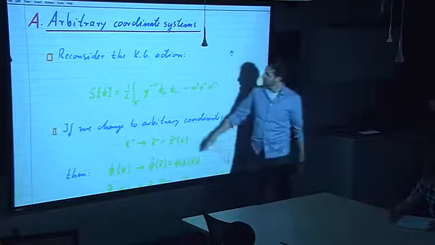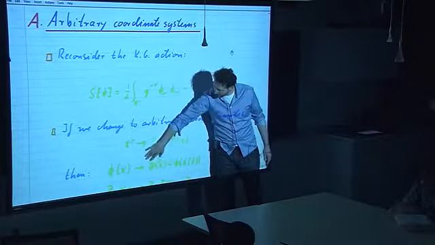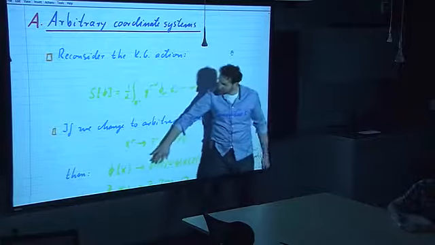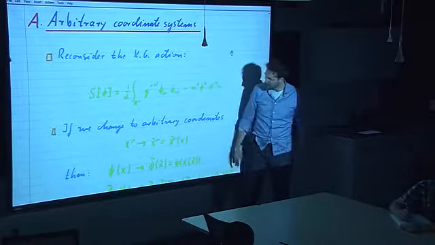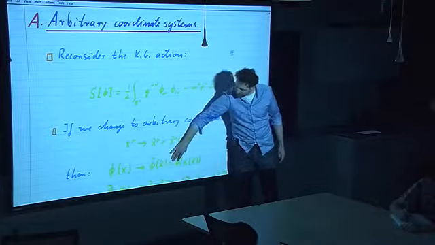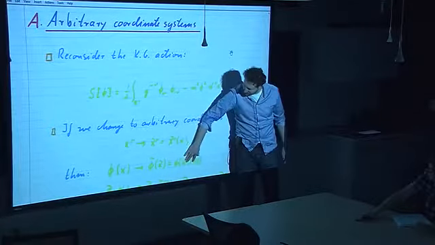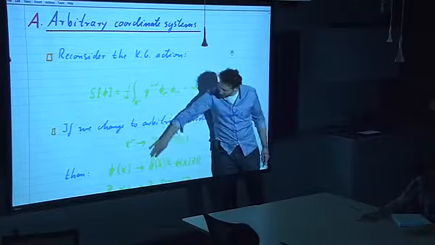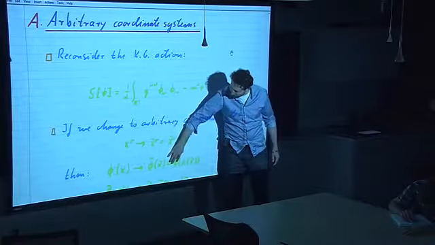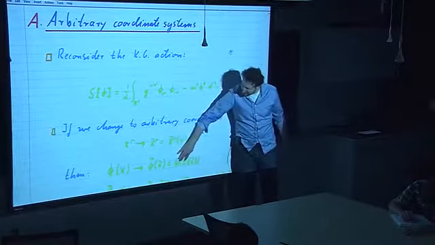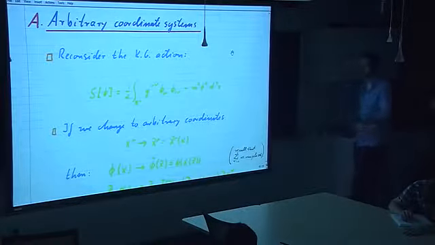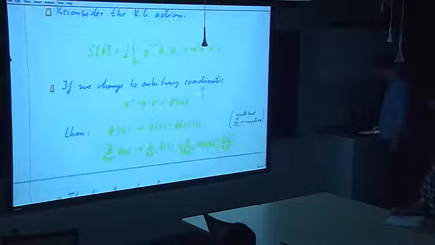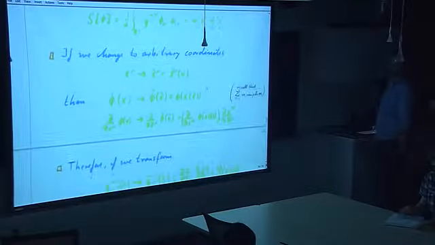Well, then the field phi of x turns into a new function phi tilde of x tilde, which takes the same output as phi, but you have to be careful with the input. So the output of phi tilde at x tilde is the output of phi at the x corresponding to the x tilde. That's what a scalar function does. It doesn't change its output value, just the argument.